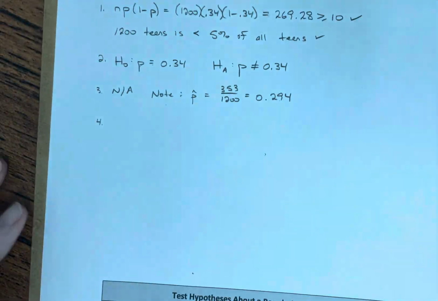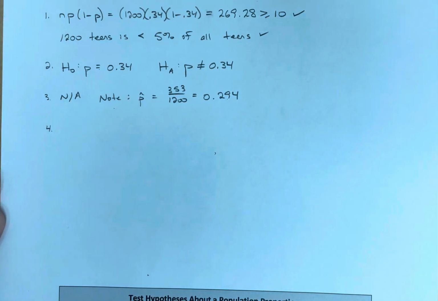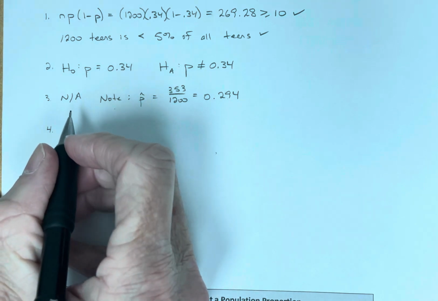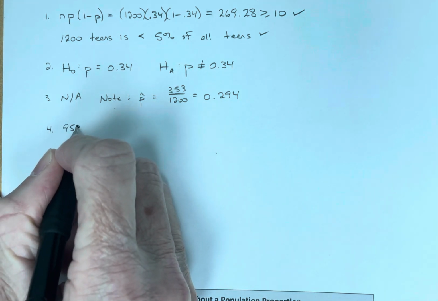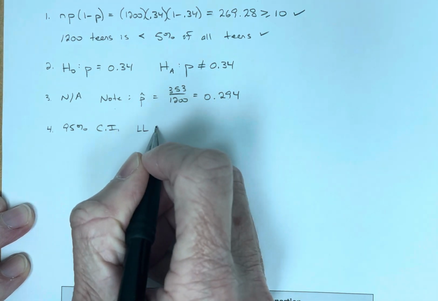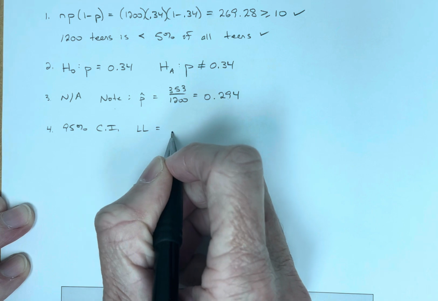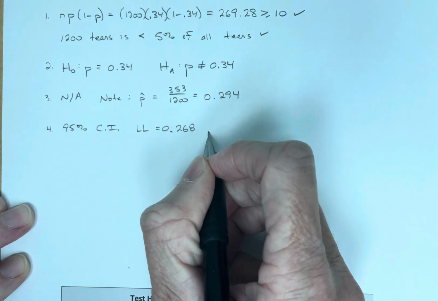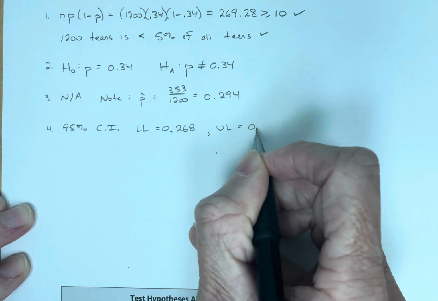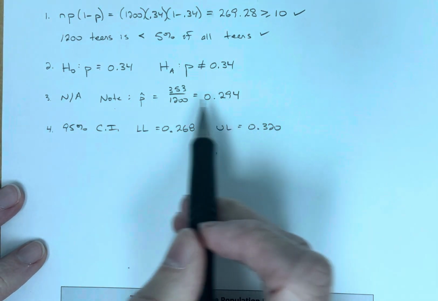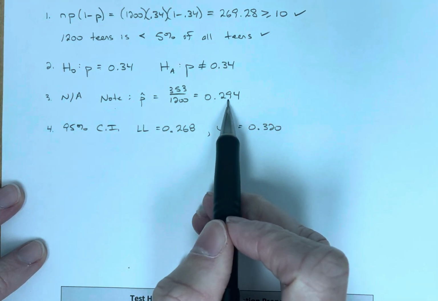Now let's come back to our sheet and continue to answer the question. Our 95% confidence interval has a lower limit equal to 0.268, and I usually like to put a 0 in there, and an upper limit equal to 0.320. As a reminder, we calculated p hat as 0.294.